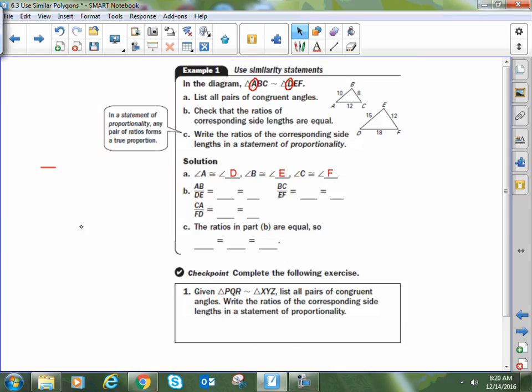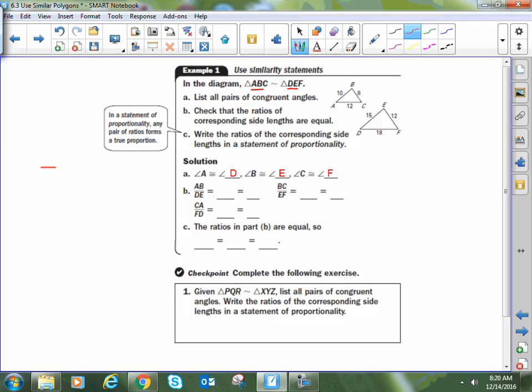So the next part here, when it says identify the corresponding sides, well, for instance, the first two letters of triangle ABC are AB, and then we have the first two letters of DEF to be DE. And I made that one a little longer than I wanted to, so we just want to look at those two.